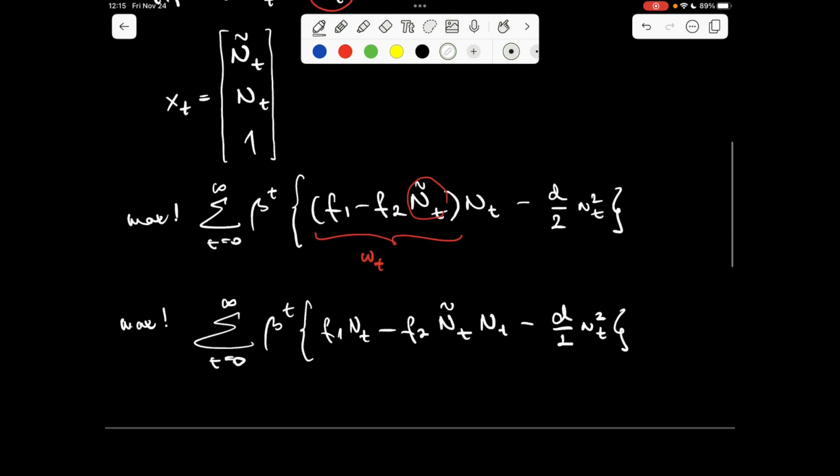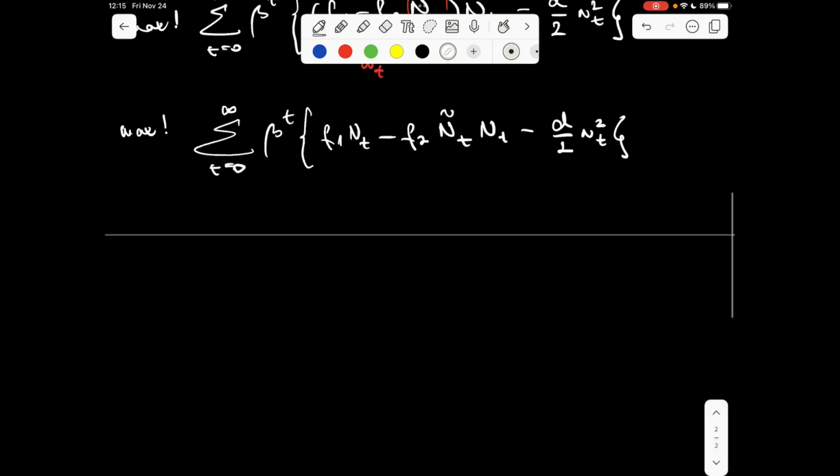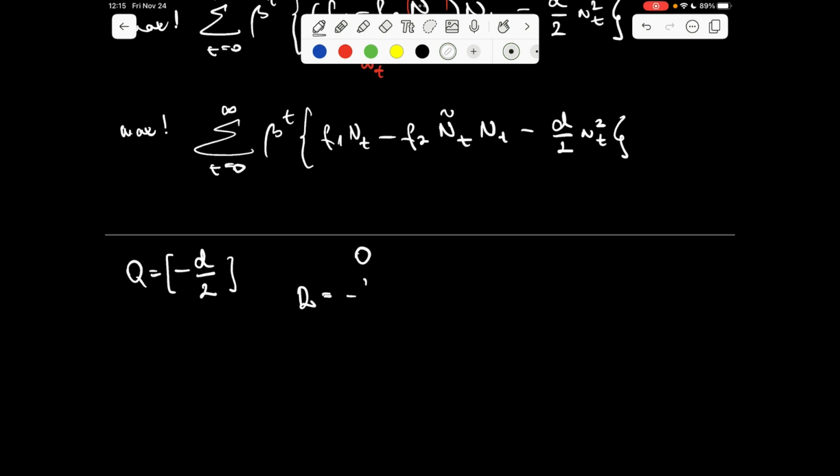That's all. So now we are ready to put the whole stuff into the framework of the optimal linear regulator. No surprise, this is matrix Q. This is a 1-1 matrix. R is not difficult at all.